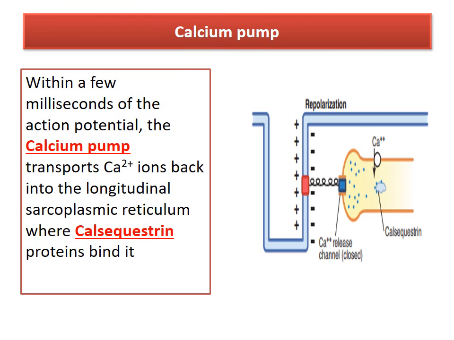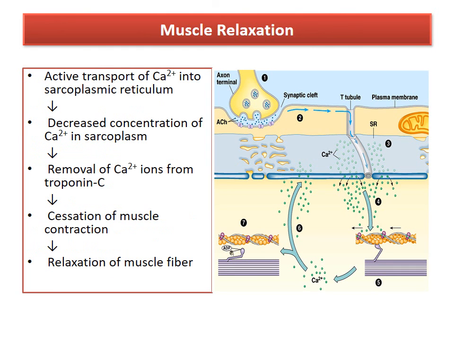This active transport of calcium back into the L tubule causes the decreased concentration of calcium in the sarcoplasm. Here you can see at number 6, due to which there is removal of calcium from the troponin C, leading to the cessation of muscle contraction, which in turn causes the relaxation of muscle fiber.